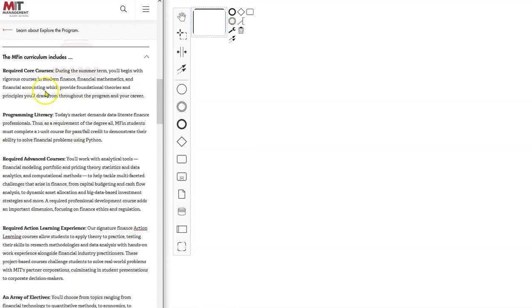Okay, so here we go. Required courses during the summer term. Modern finance. So let's do modern finance. And then financial mathematics.